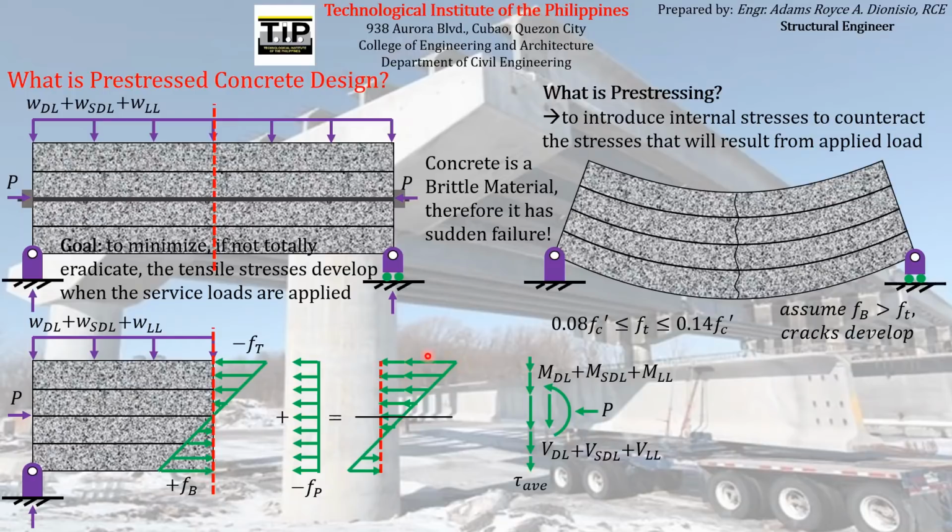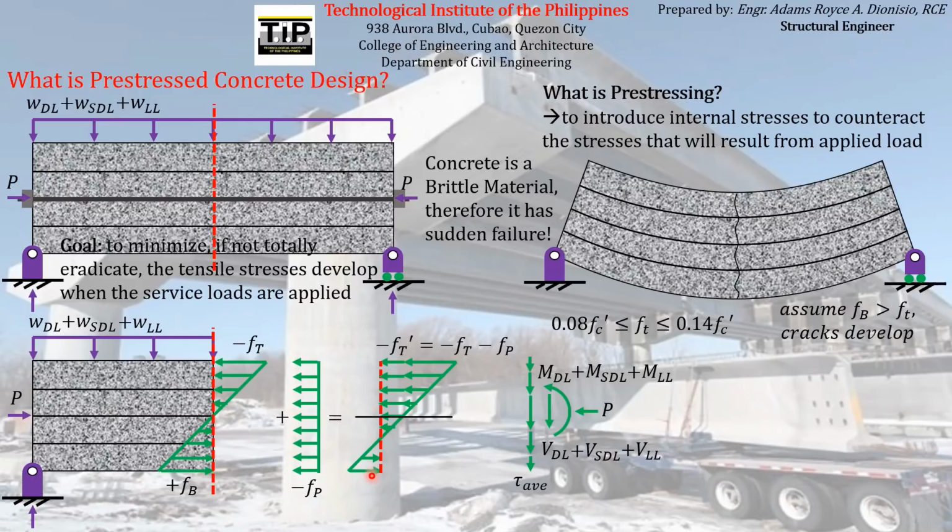So if we want to find the actual magnitude of the stress acting at the topmost fiber of the concrete, that stress will just come from the sum of the stress that came from the bending moment and the stress that came from the axial force. Therefore, their sum will be negative F sub T plus negative F sub P. Let us call their sum F sub T prime, the flexural stress at the topmost fiber after addition of pre-stressing reinforcement.